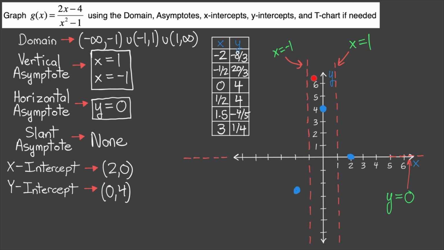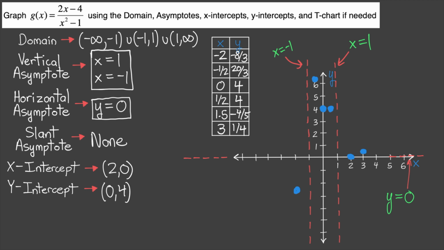So that's going to be like right there. Next we have 0, 4, which is right there. 1/2, 4 is right there. So it's right next to it, which is kind of odd. We'll talk about that in a second. Now 3 and 1/4, so we go right 3, up 1/4, so that's like right there.